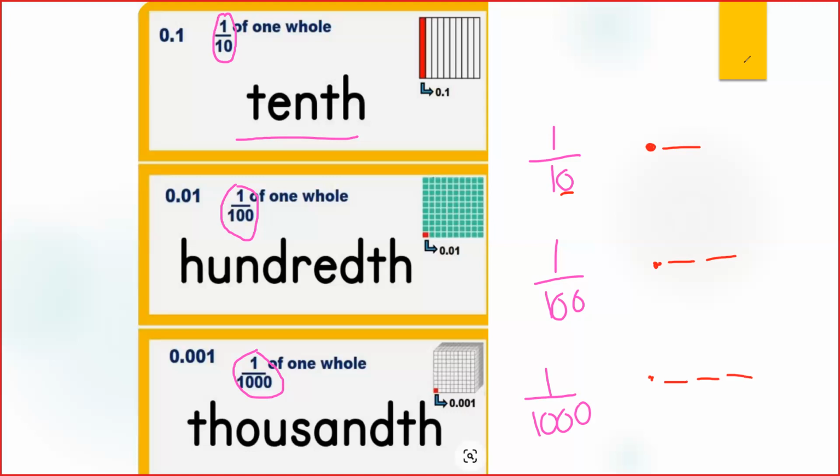Then start from the right. Take number 1 and put it here, and here, and here. Then write zeros in the empty digits. So here you have 0.1, here you have 0.01, and here you have 0.001, or read it as 1/1000. Is it clear?